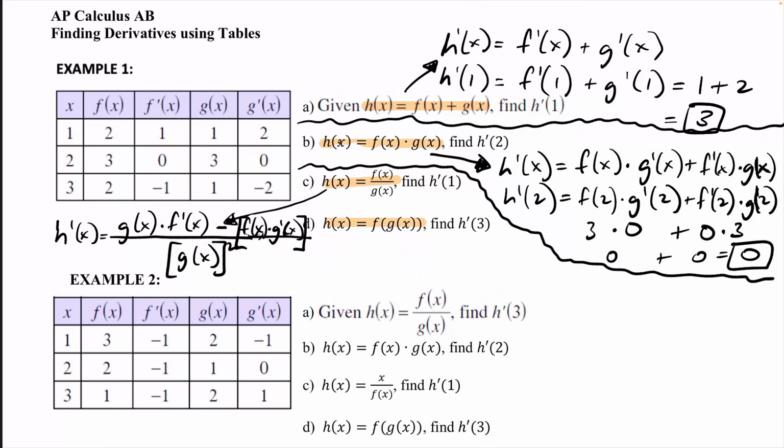So when you multiply, subtract, divide, what do you get? What did you guys get? Negative 3? Yeah, 1 minus 4 on top over 1 squared. So negative 3 over 1, negative 3, yeah.